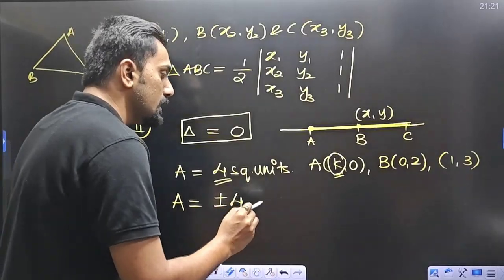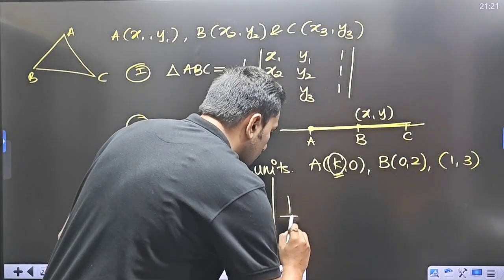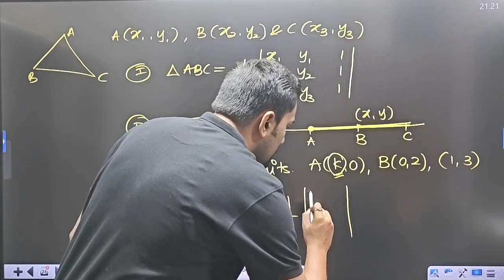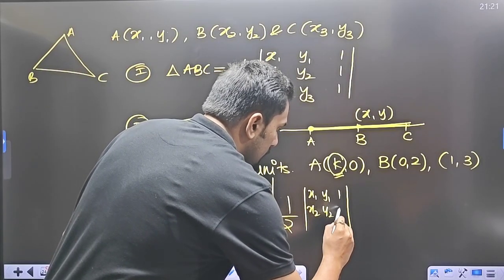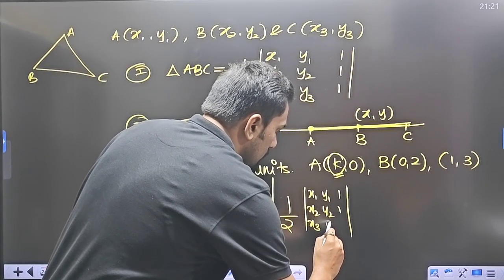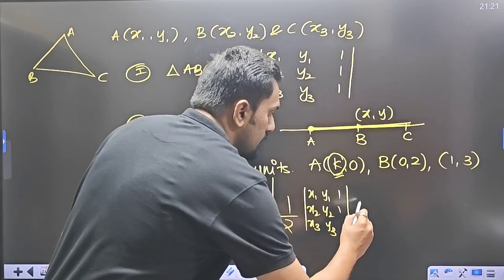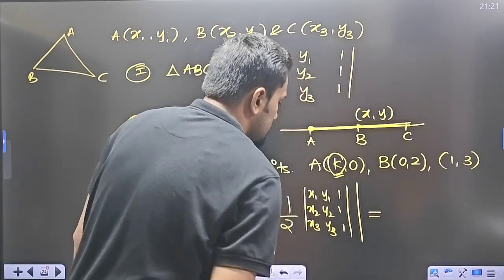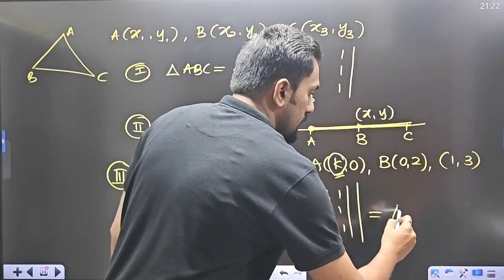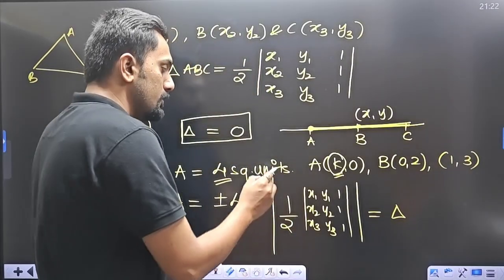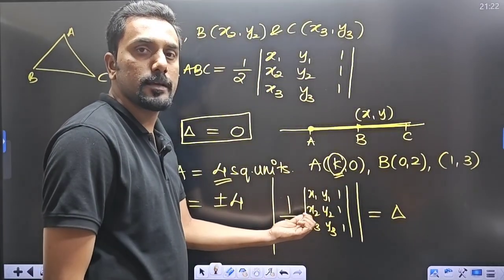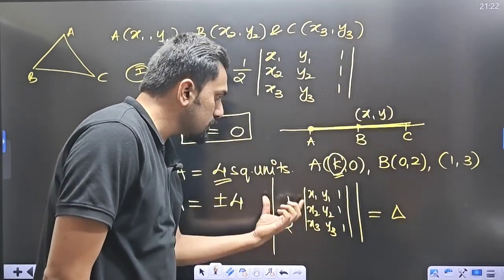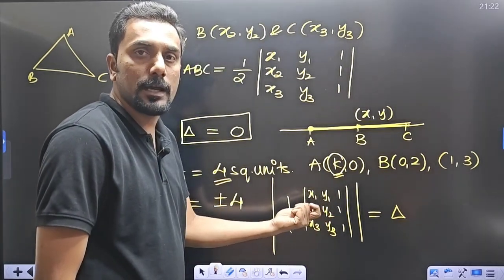ಯಾಕಂತಂದ್ರೆ ಯೂಶುವಲಿ ಏರಿಯಾ ಅಂತಂದ್ರೆ modulus of half into the determinant of x1 y1 1, x2 y2 1, x3 y3 1 ಅಂತ ಹೇಳಿ ಇರುತ್ತಿದೆ. Actually modulus of this becomes equal to area. Okay, when you remove the mod, area is always a positive quantity. ಇದನ್ ಒಳಗಿನ ನೆಗೆಟಿವ್ ಬಂದ್ರು we must consider only absolute value, right?